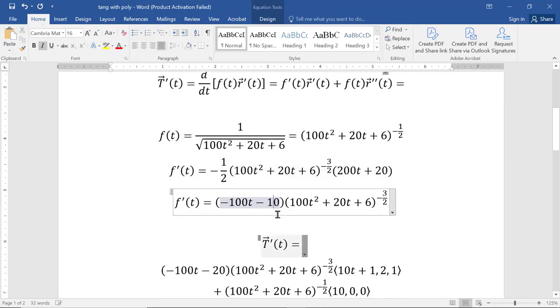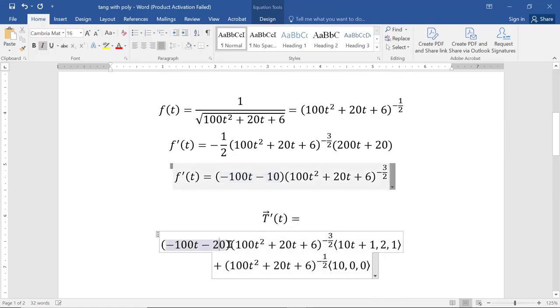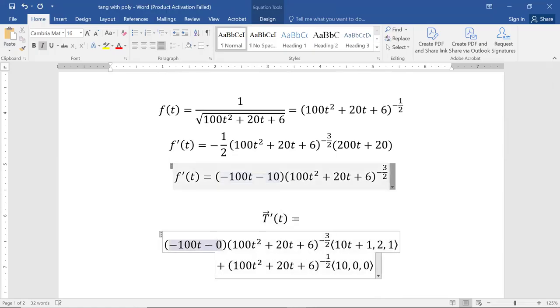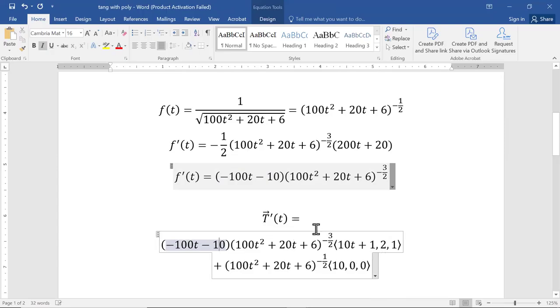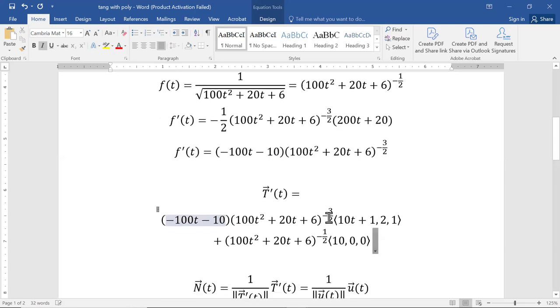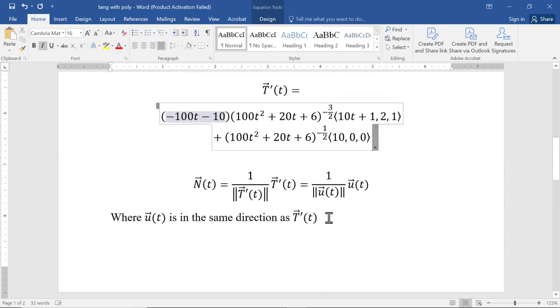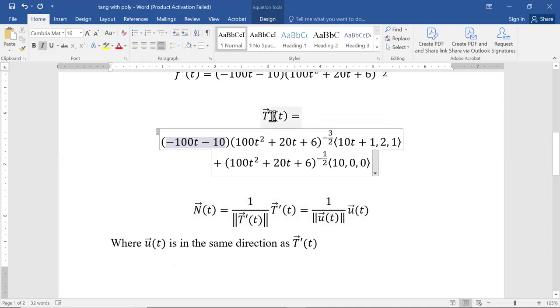Now, the nice thing is, the way I did this, when I did my t prime, I could go back and change my mistake. Again, going from t prime to u, I have to take the derivative, and as long as I go in the same direction, I'm good.